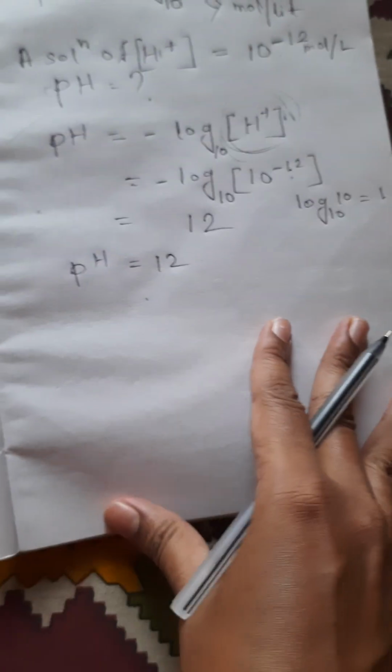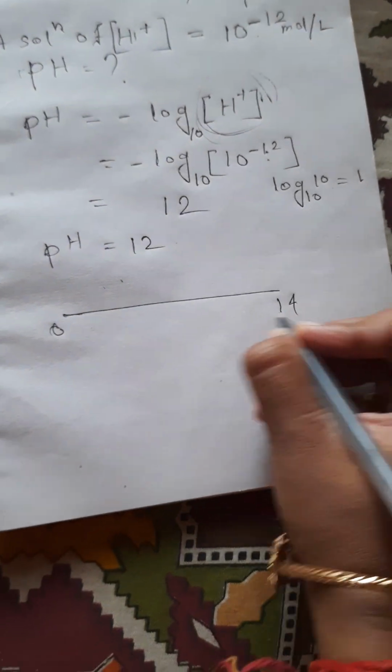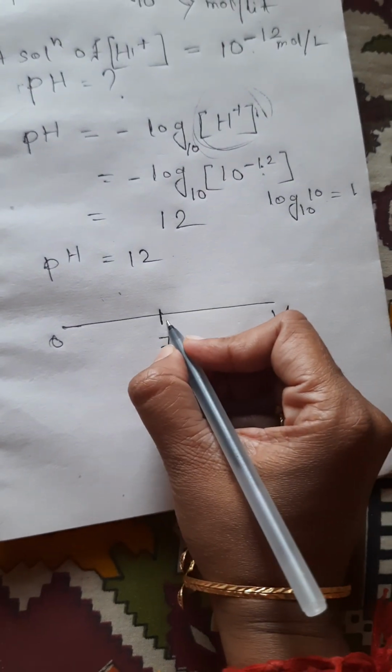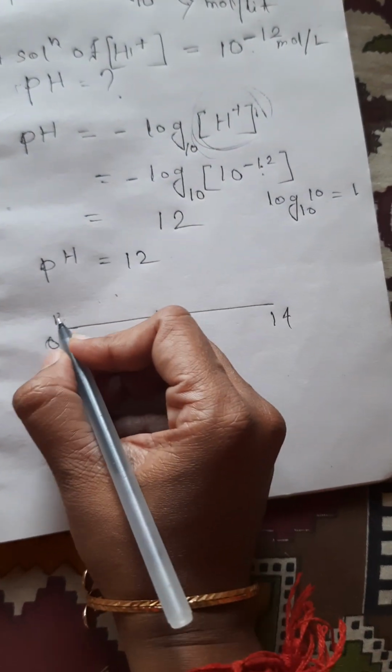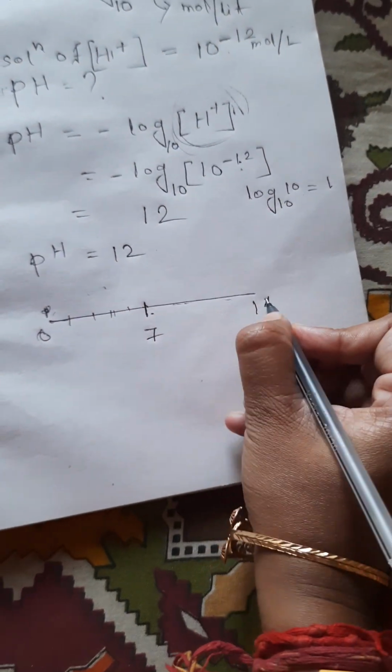Now the normal pH scale, you all know, is from 0 to 14. Here neutral means 7. From 0, 1, 2, 3, 4, 5, 6, 7, and here 8 to 14.